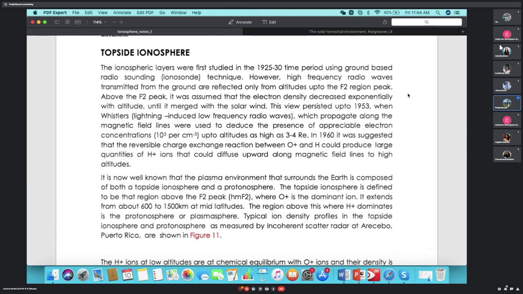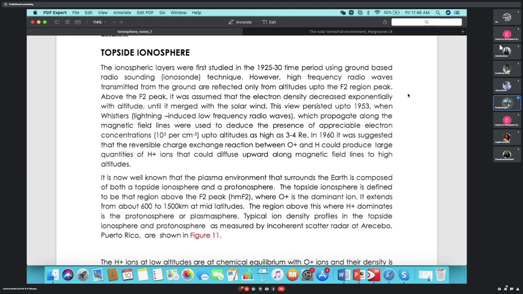Now, till about 1953, half a century ago, the view was that F2 is the region from where radio frequencies will be reflected back. That is still the case.